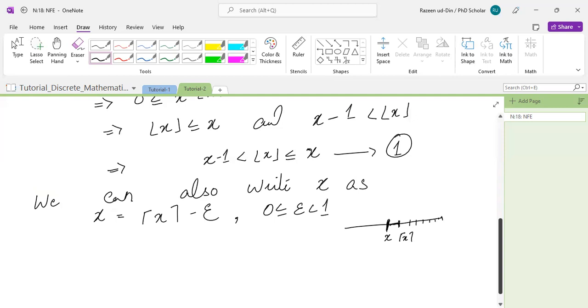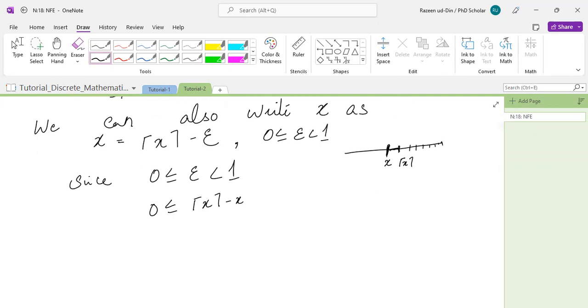Okay, since again epsilon is between 0 and 1, we can write epsilon as ceiling of x minus x, less than 1.